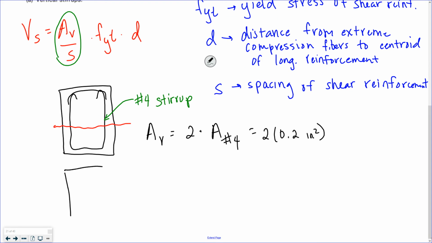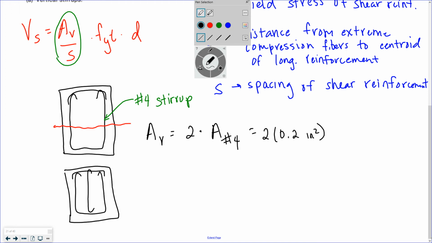If you had a slightly different setup where you had, let's say there's a 3rd bar in there, and you draw your little crack, let's say it's a number 4 and a number 4 tie.